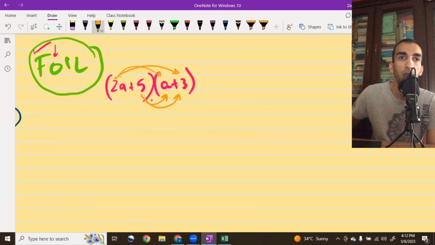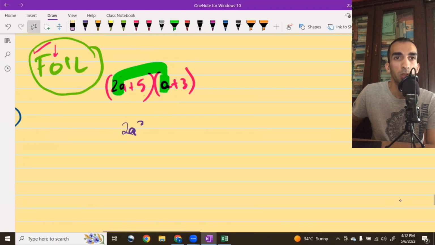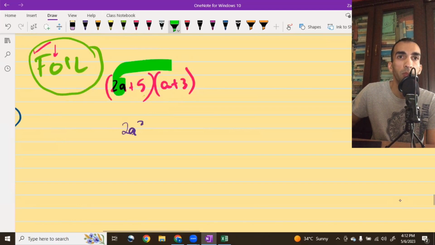All right. So if I multiply this term with this term, what do I get? It would be 2a squared. And if I were to multiply the same term with the second one now, it'd be 6a, sorry.